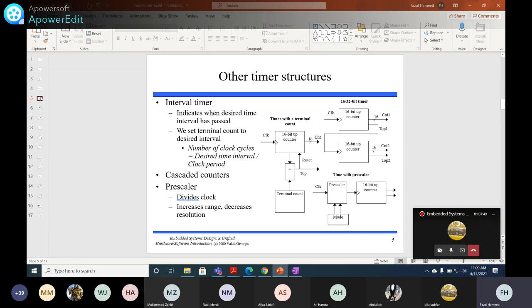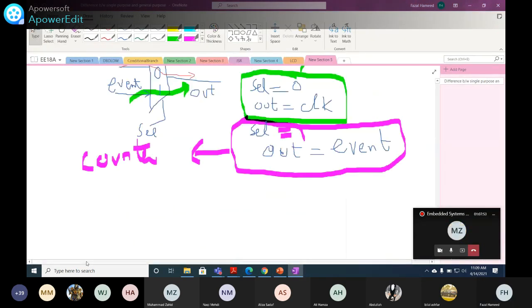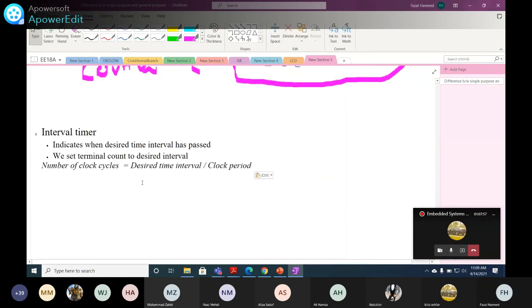What's an interval timer? Can you tell or not? Indicates when the desired interval has passed. We set the terminal count to the desired interval. Can anybody explain this?